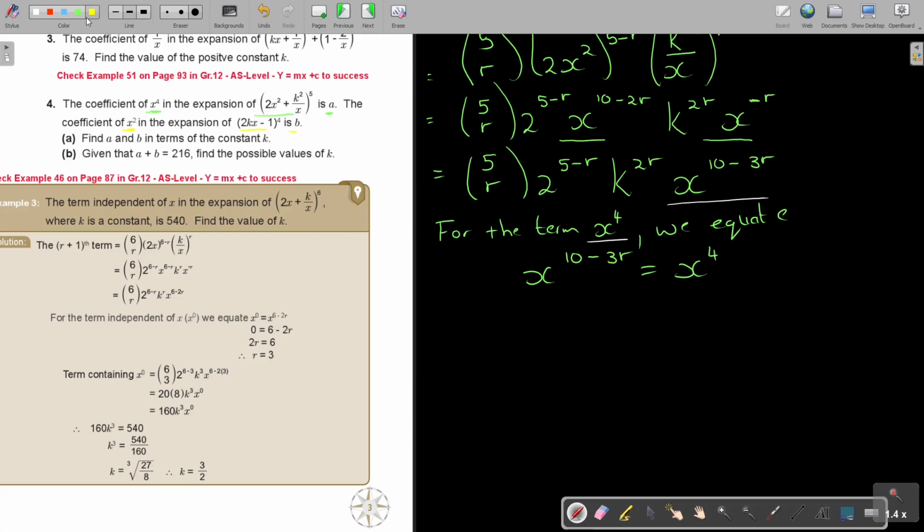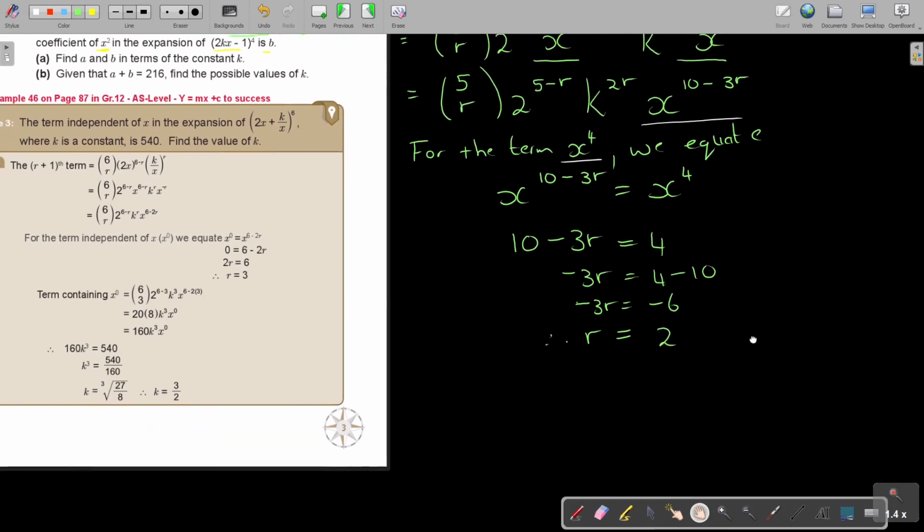Okay, so then I'm just going to equate the exponents. I want to keep it in green, just to help you with the colors. 10 minus 3r equals 4. So 4 minus 10: negative 3r equals negative 6. Therefore, the value of r will be equal to 2.